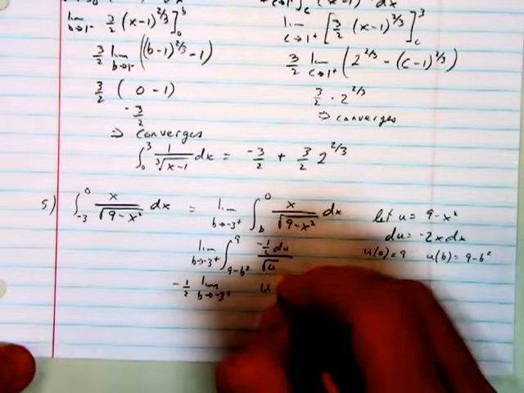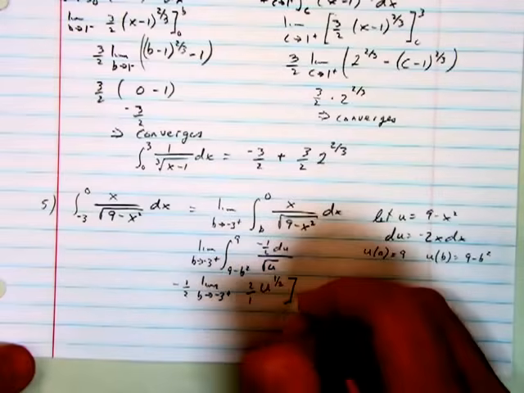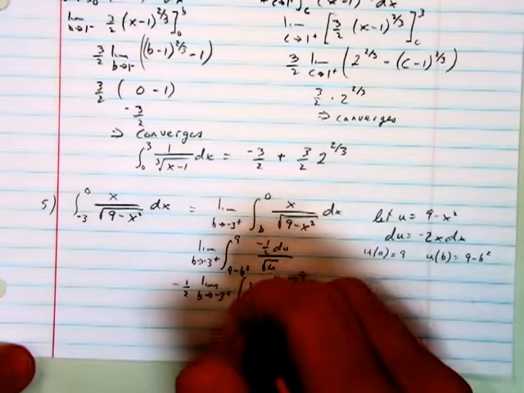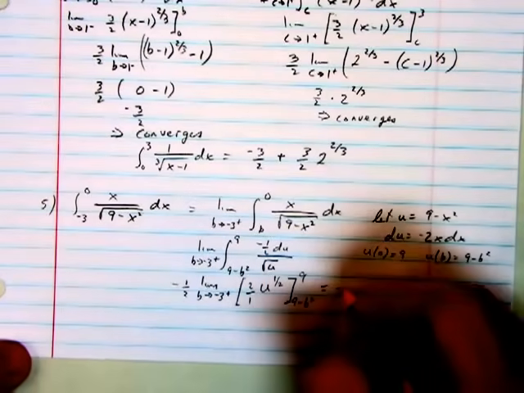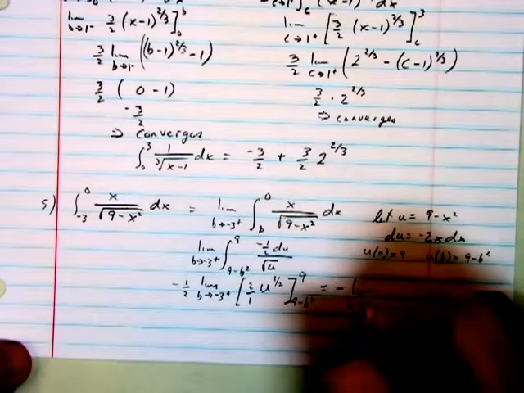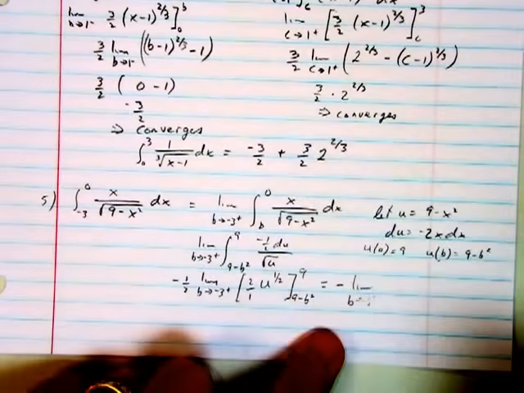What's the antiderivative of u to the negative 1/2? That would be u to the positive 1/2 times 2 over 1. And we will evaluate from 9 minus b squared to 9. So the 2 and the negative 1/2 will reduce to just be left with negative. b goes to negative 3 from the right side.